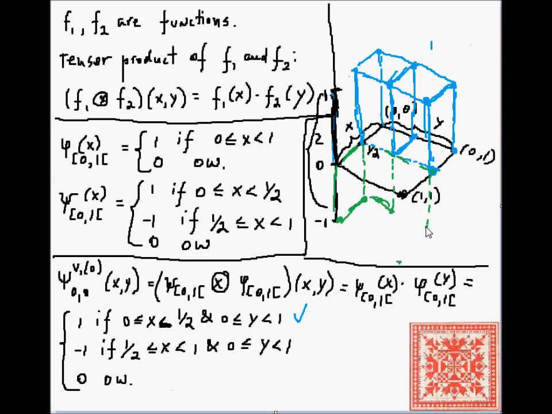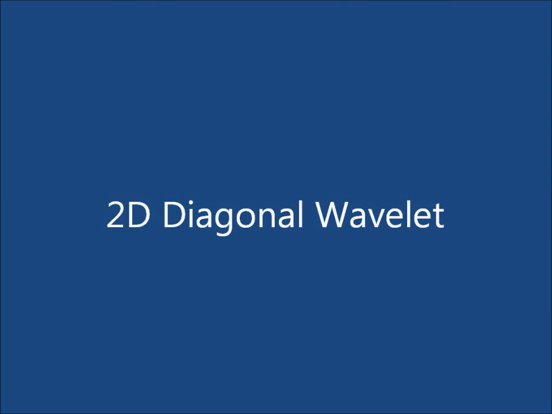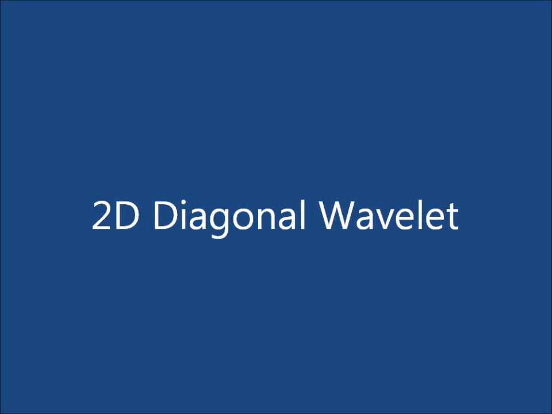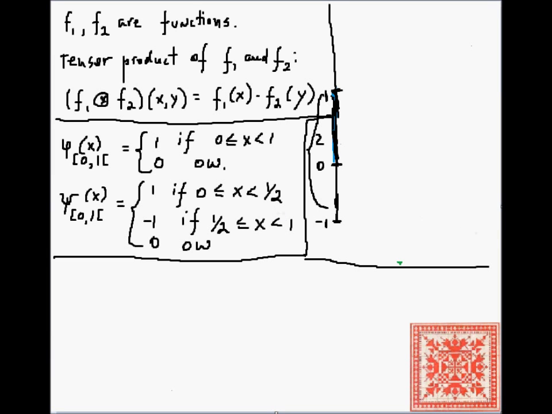So it will be this cubic form of height 1 but going down, with the rectangle where x is from half to 1 and y is from 0 to 1. Okay, so then the vertical change essentially marks the change from the upper half of the data to the lower half of the data.